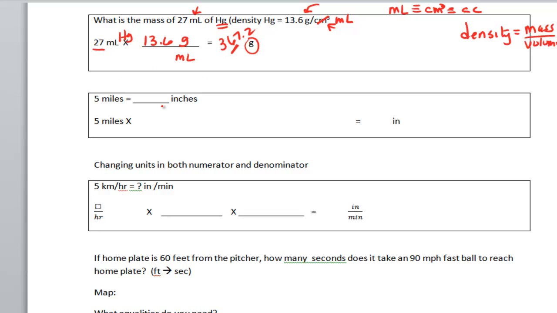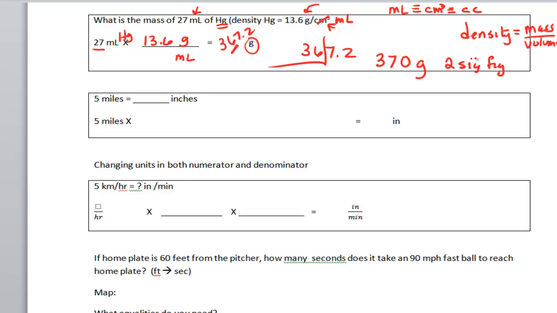I probably should only report the first two significant digits. So I would take the number 367.2. I would round between the 6 and the 7. So that rounds up, but I need to hold the decimal point. So this would represent my answer with two significant figures.